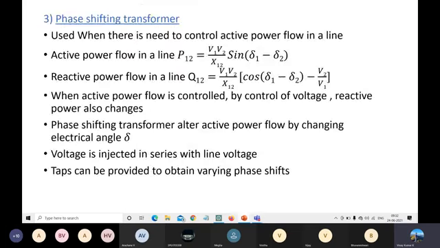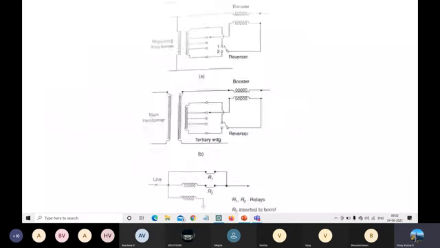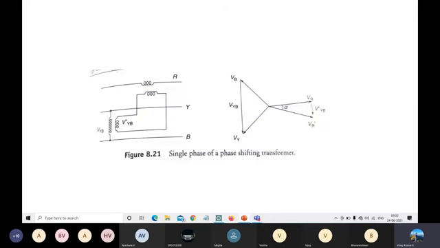And the final thing is phase shifting transformers. We are just changing the phase angles along the lines, whether it is R phase, Y phase or B phase. Here they have shown R phase only. You can similarly change the phase angle in B phase or Y phase.